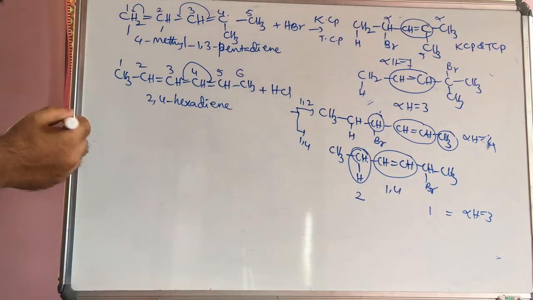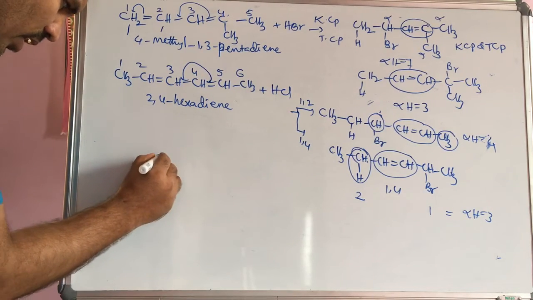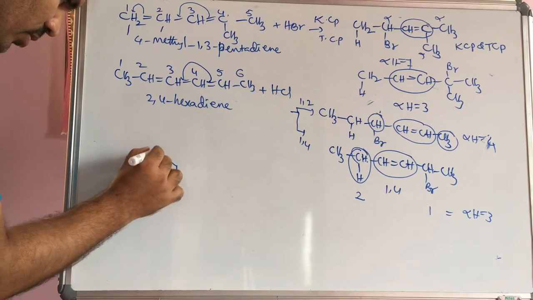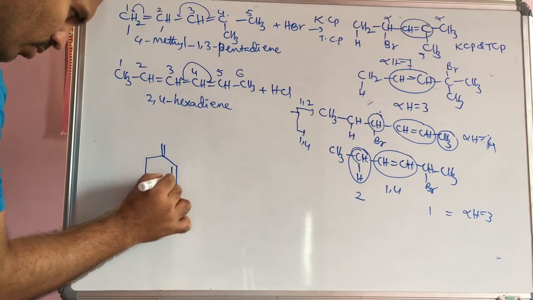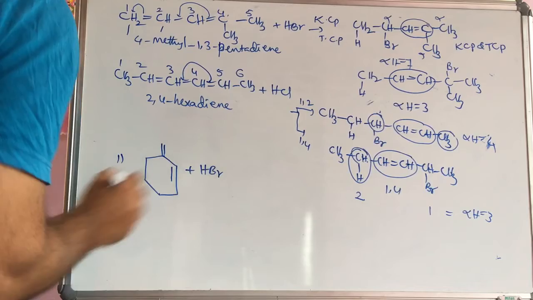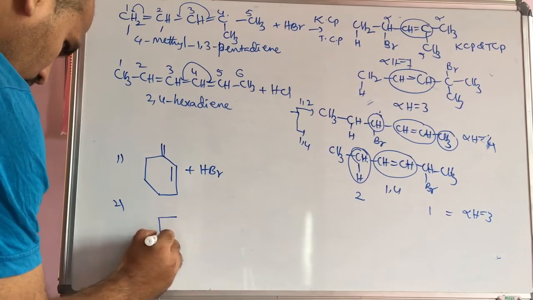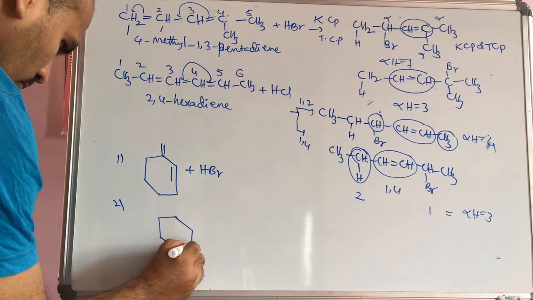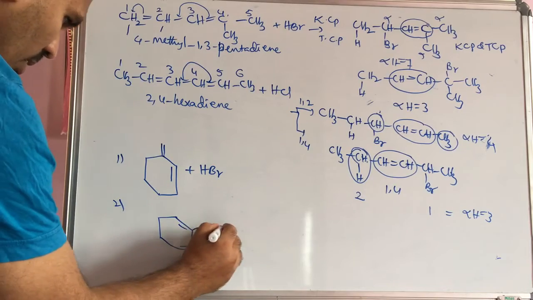Then like this you can take any other example; it is homework for you. Double bond, double bond: then what will be the major product of this? The second one, same HBr.